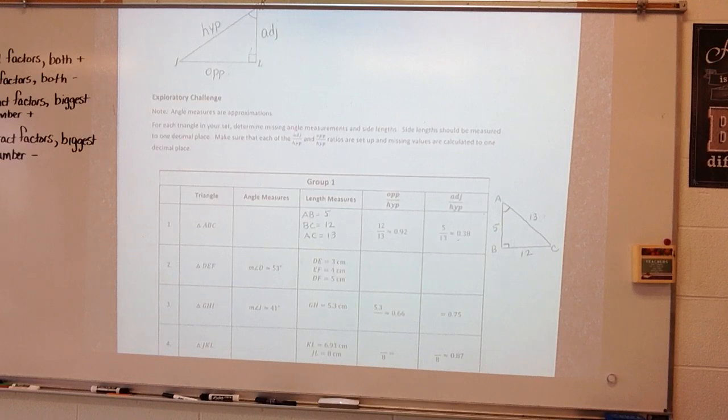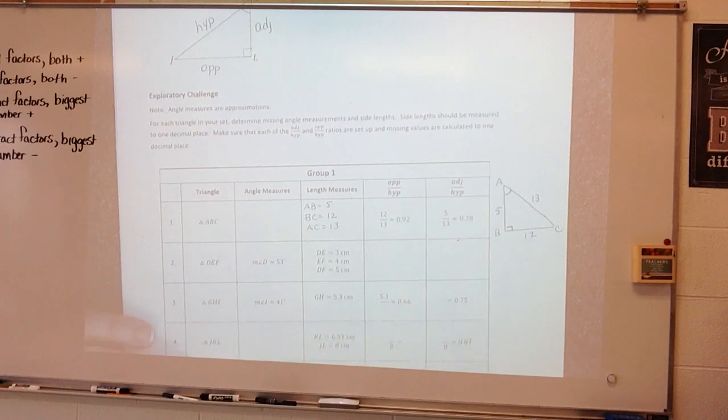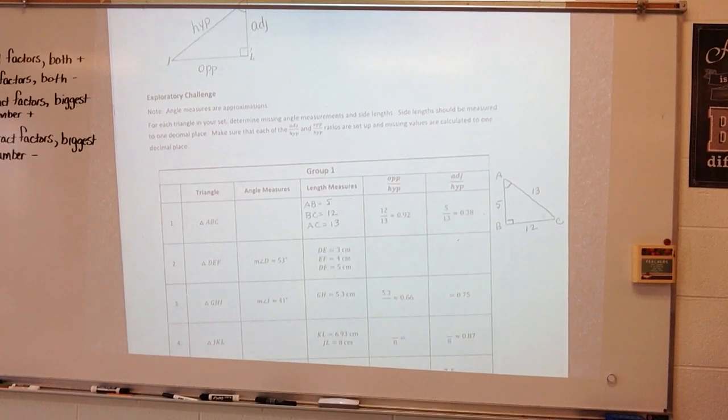All right? So I want you to think for just a second, how might we be able to figure out the measure of this angle? Pause the video, take a moment, and see if you can figure this out. Because I don't want to give you the answer immediately. I really would like for you to try this out.